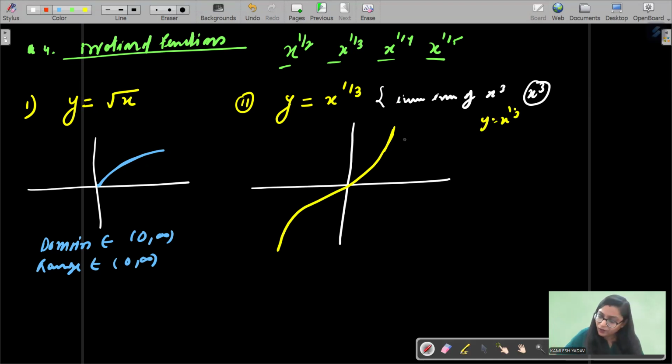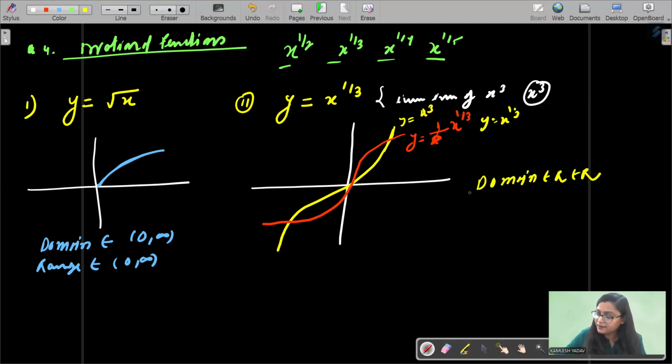So here, this is y equal to x cube, and this is the mirror image of it, y equal to x to the power 1 by 3. For this graph, the domain belongs to R, and the range also belongs to R.